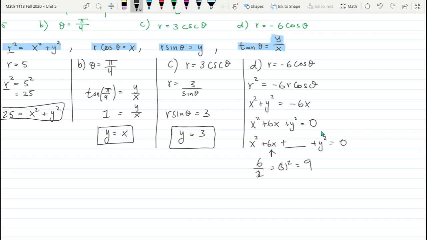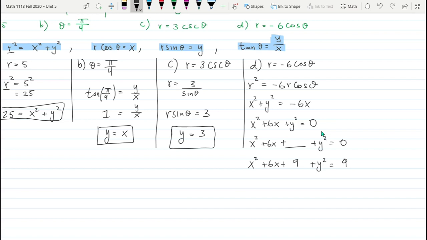So that is going to be the completion of the square. But whatever we add on the left, we have to add on the right, just so that it is balanced, right? Can't change the balance of the equation.